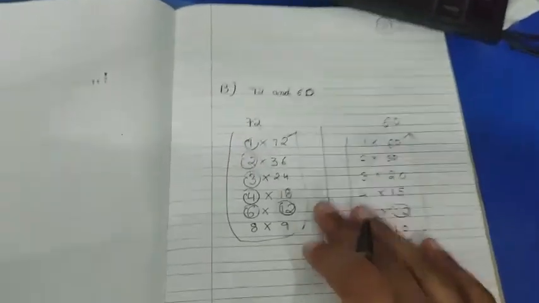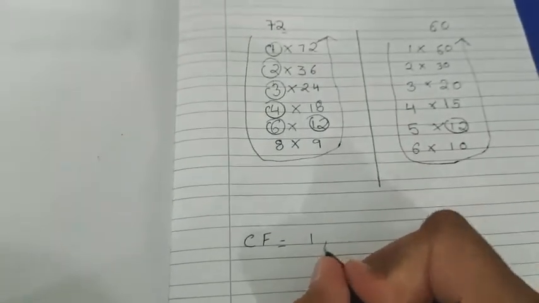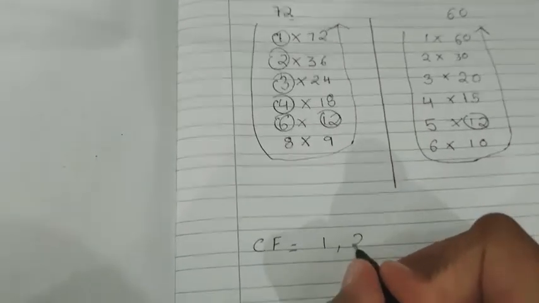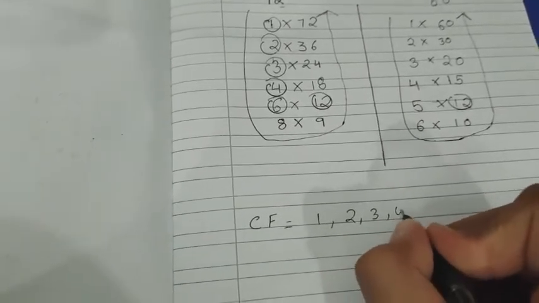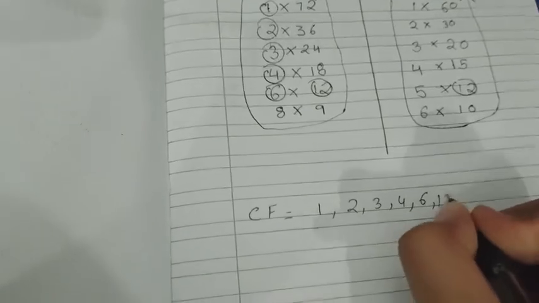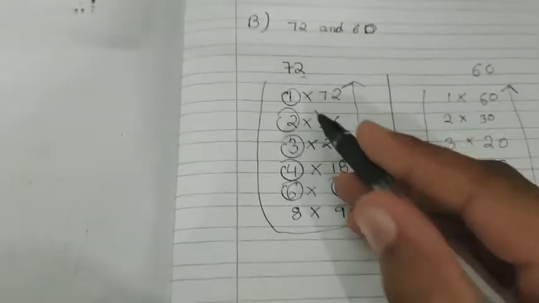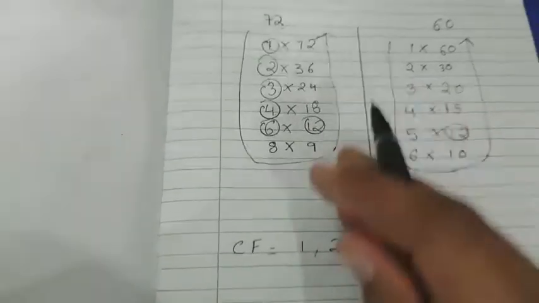So now if I arrange these common factors in ascending order, first it will come 1, then 2, then 3, then 4, then 6, then 12. 1 2 3 4 6 and 12.